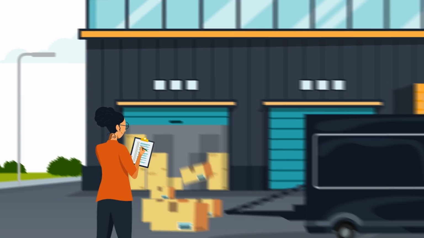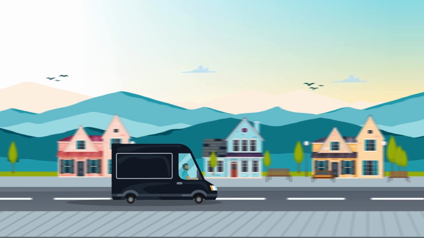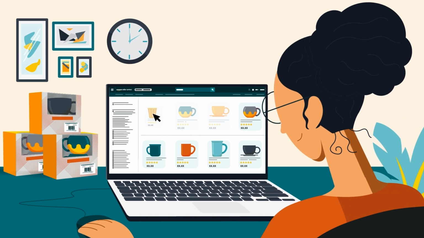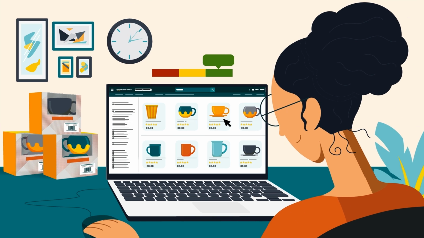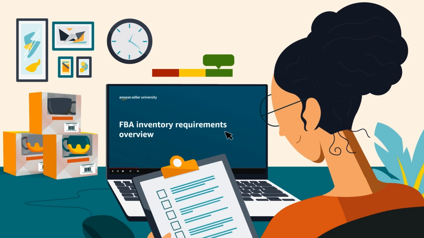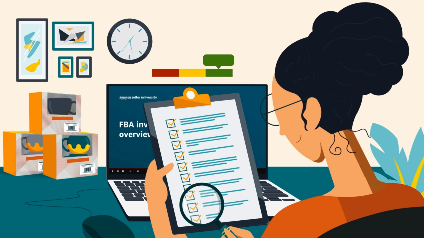Closely following these requirements can help you ensure a smooth send-to-Amazon workflow, reduce compliance delays, keep product listings active, and maintain good account health. After watching this video, you'll be able to identify and comply with 9 core FBA inventory requirements.